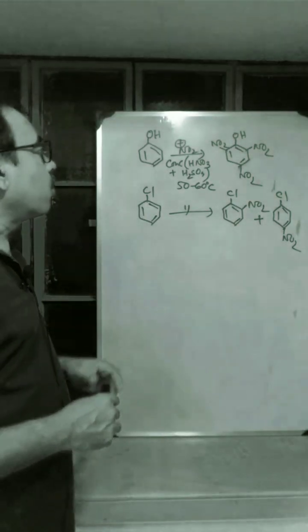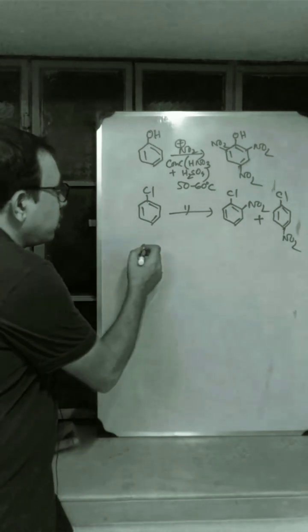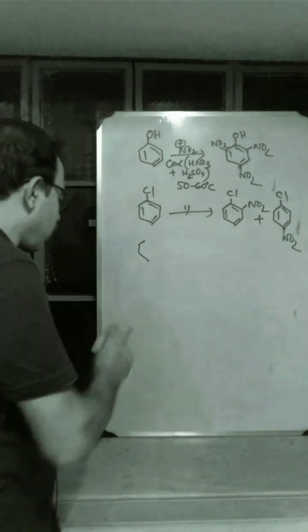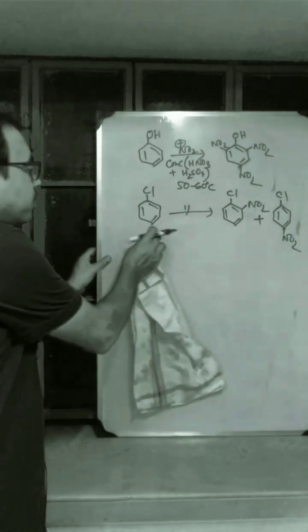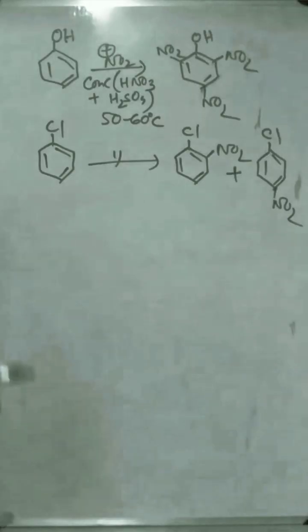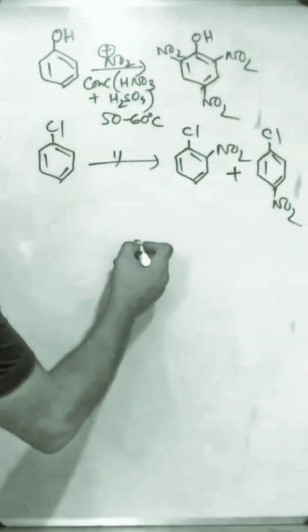First of all, in the case of phenol, delocalization of the lone pair of oxygen occurs into the benzene ring. How does it happen?